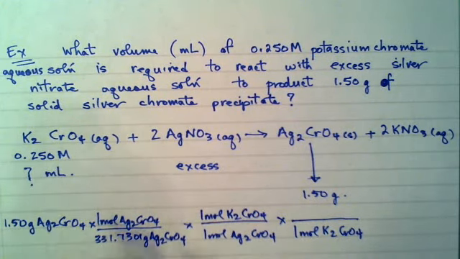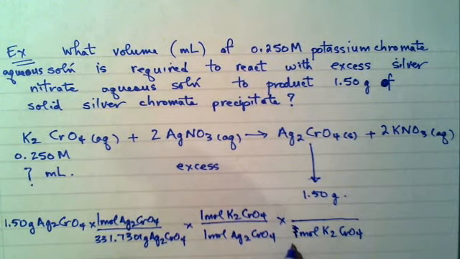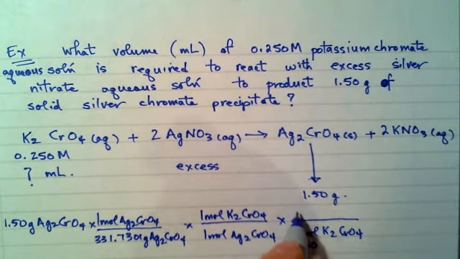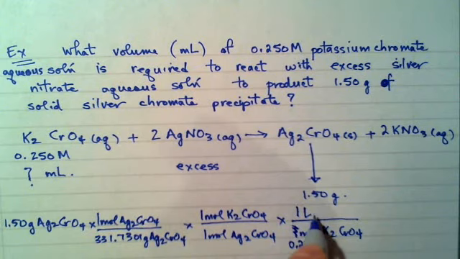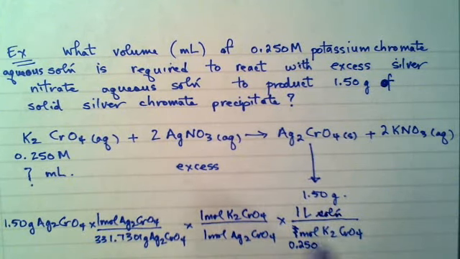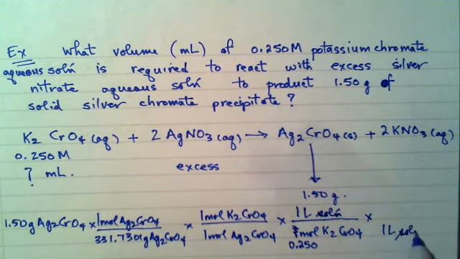I know that 0.250 moles of K2CrO4 are contained in 1 liter of my K2CrO4 aqueous solution. And I want mils, so I know that in 1 liter of solution I have 1,000 mils.